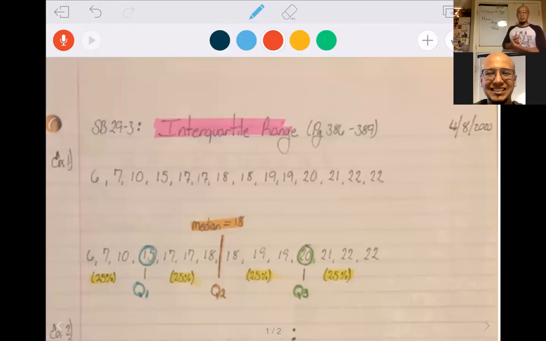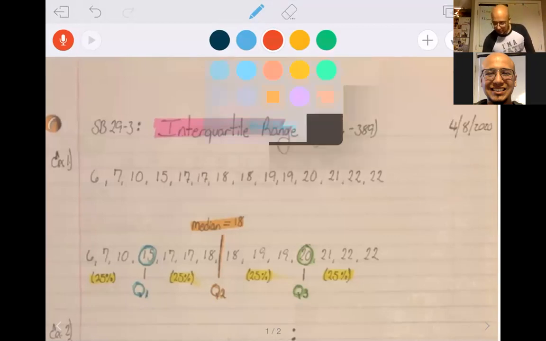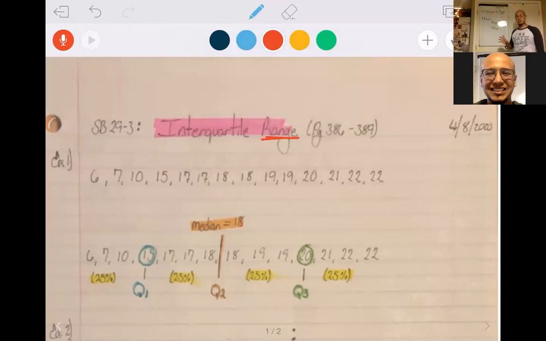And so with that in mind, let's first talk about the concept of range. Okay, interquartile range. If you see the word range is embedded in there. Remember that range is simply the maximum or the highest amount minus the minimum or the least amount.